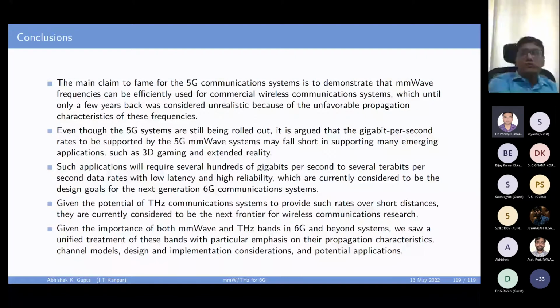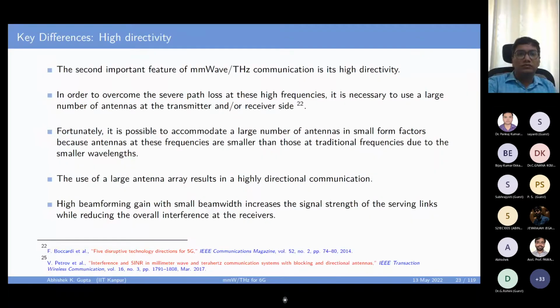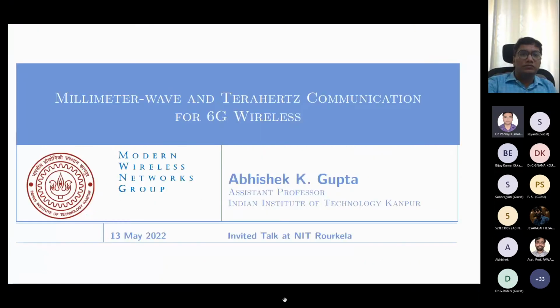So participants, you can ask your question directly by enabling your mic, unmuting yourself and then asking the question. Any questions from the participants? Please unmute your mic and then ask the question.